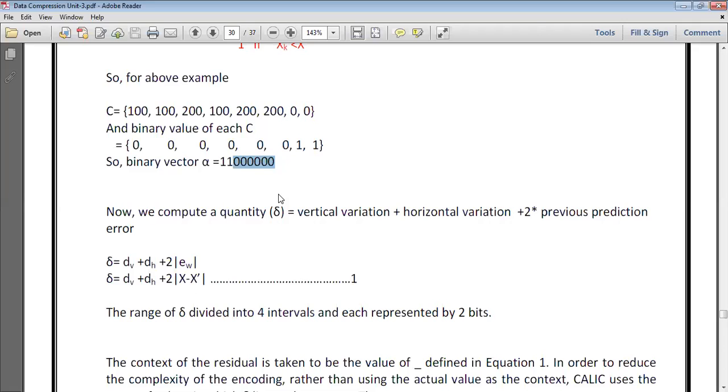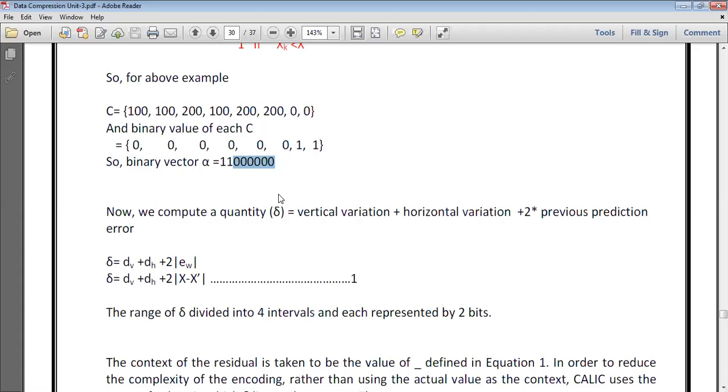After computing the error, if the question asks what is the vector value, then apply the sequence of north, west, and we find the vector values. And if the question asks what will be the binary vector for this x, we can compute the binary vector of x with the given process.